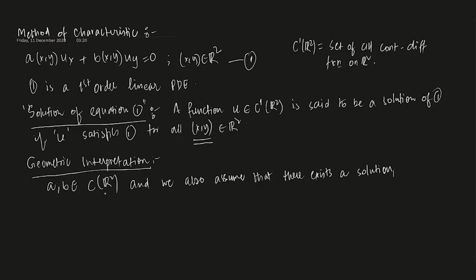Obviously, a priori, without doing anything, we can see that u equals 0 is always a solution of this equation, right? This is a homogeneous equation, so u equals 0 is always a solution. This is a small note before doing anything.